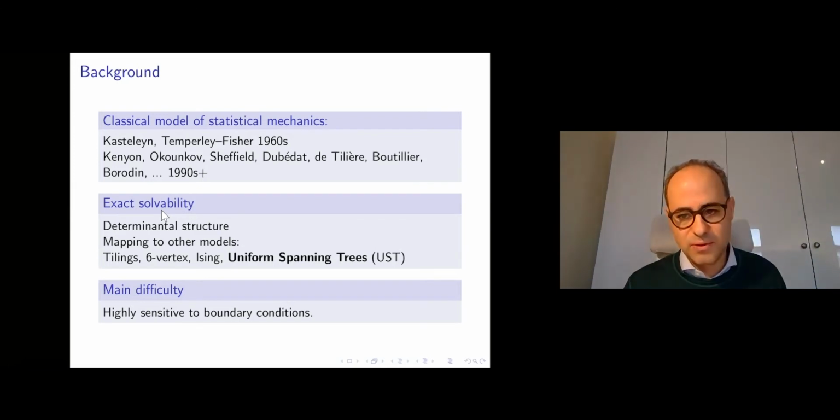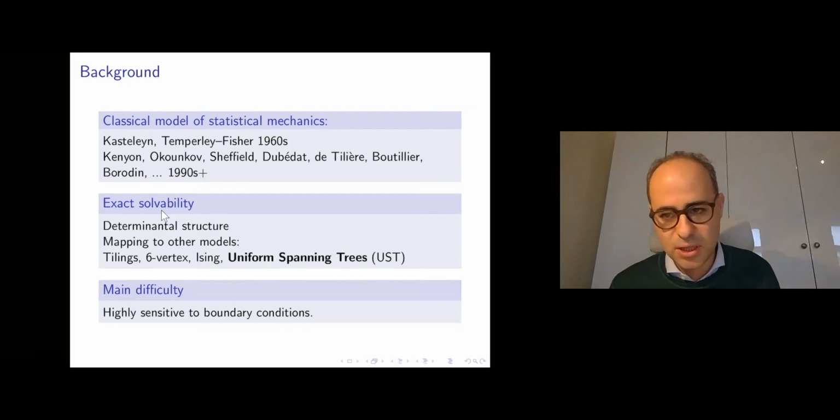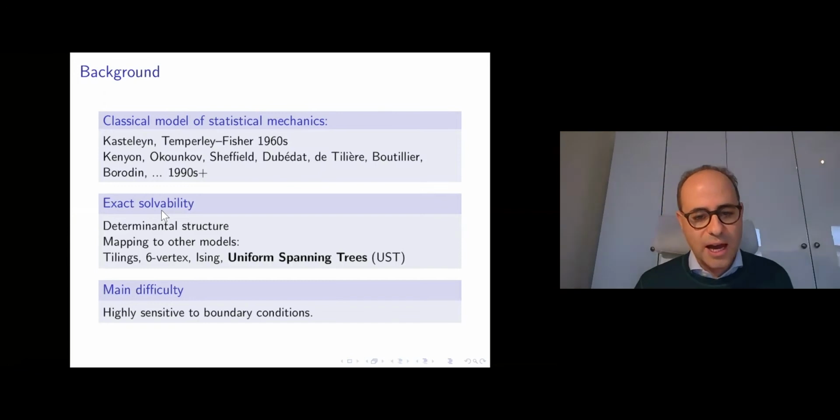And a key aspect of the dimer model, we've heard some of that in the previous talk, is the fact that it's exactly solvable. And so as Martin said, the starting point for basically all of these works is to exploit the fact that you can compute things in the dimer model in terms of determinants. That's a remarkable fact.